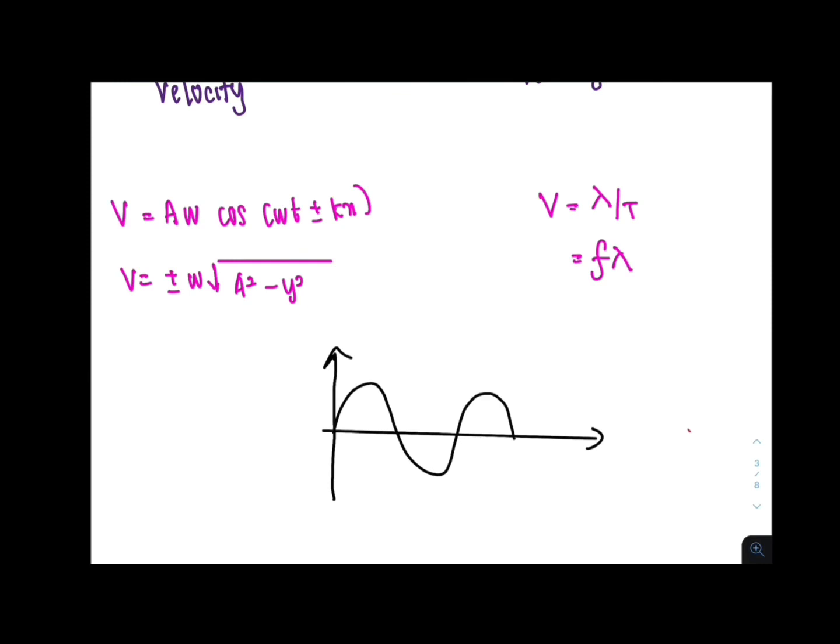Let's say I choose a point, which is indicating that we are choosing a particle. This particle is going to experience one velocity, which is known as velocity of the particle. The particle is going to vibrate and produce a velocity, which we call velocity of particle.